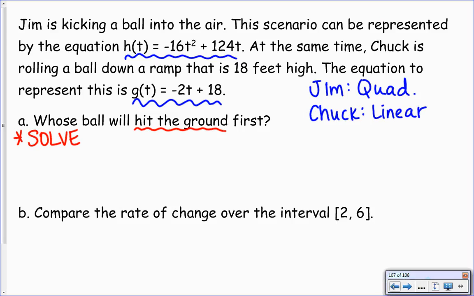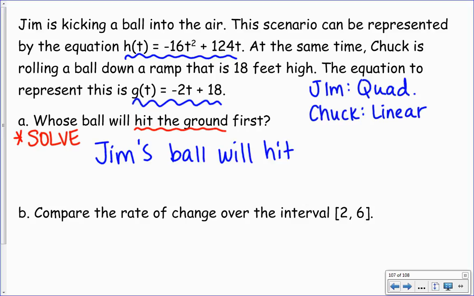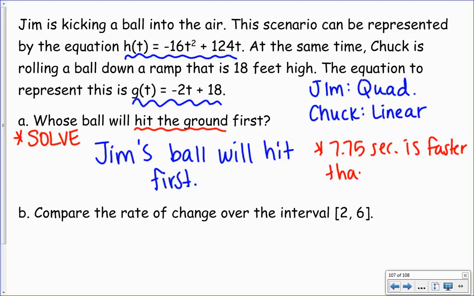So to answer that question, I would say Jim's ball will hit first. And because these are my notes and I want to make my notes somewhat usable, 7.75 seconds is faster than 9 seconds. Okay, so there's our first comparison.